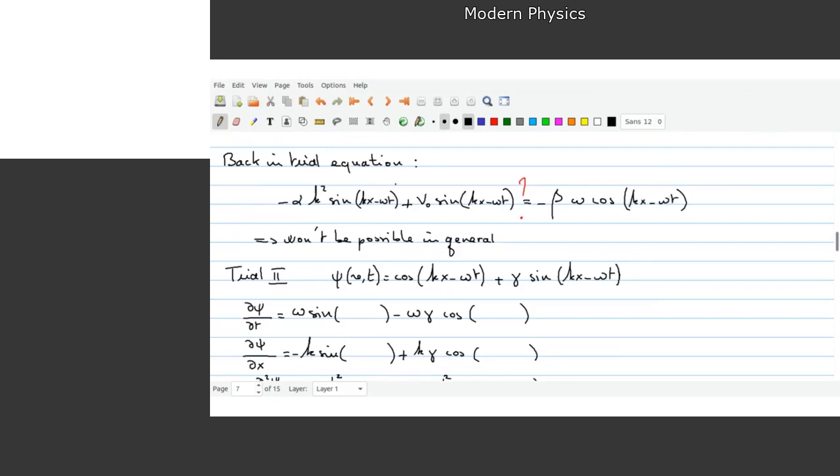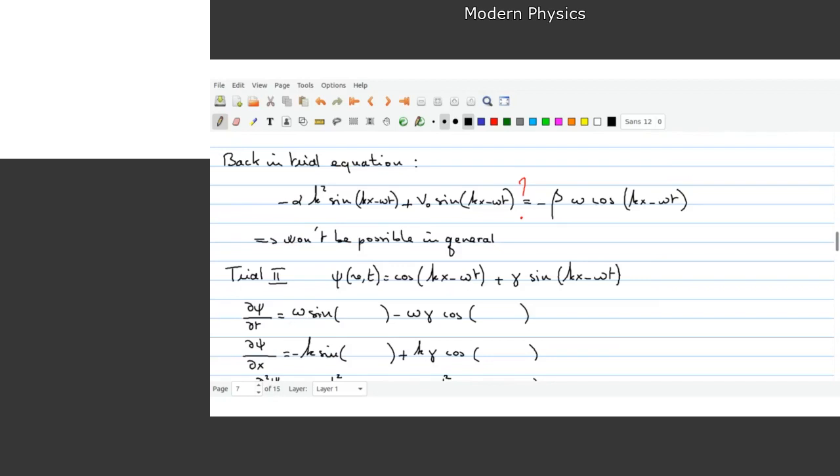And so we obtain this one, and actually it is not very agreeable, because on this side you have a sum of sines, so you have sine of kx minus omega t times minus alpha k squared plus V0, and it should be equal to some constant times the cosine. So how can you have some sine equal to a cosine? This would correspond to very specific conditions, and so it doesn't seem to be the way to go, okay?